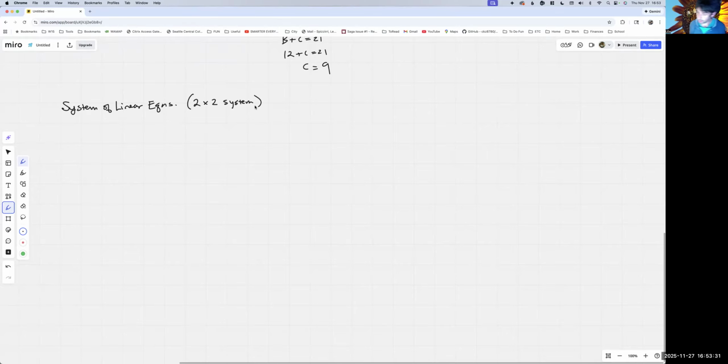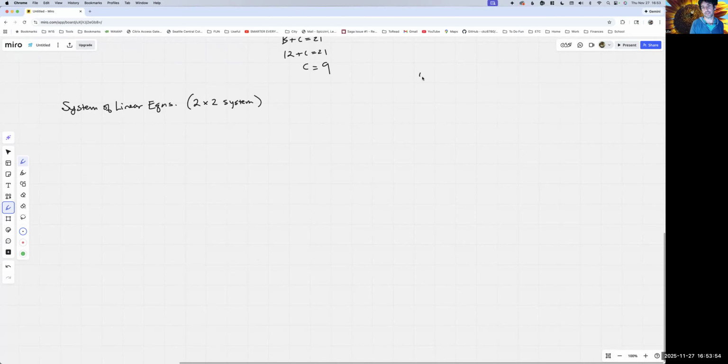Now, in general, a system of linear equations can be two or more linear equations made up of two or more variables. A linear equation just means nothing is squared, nothing is cubed, nothing's got square roots or cube roots, just variables times coefficients added together and constants.